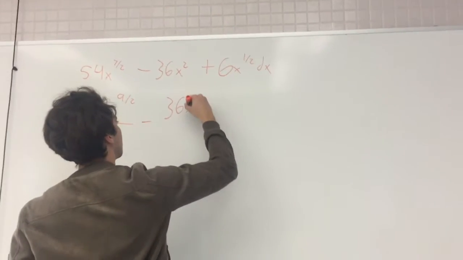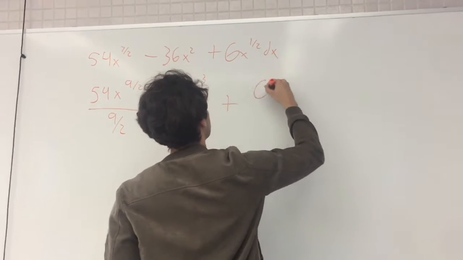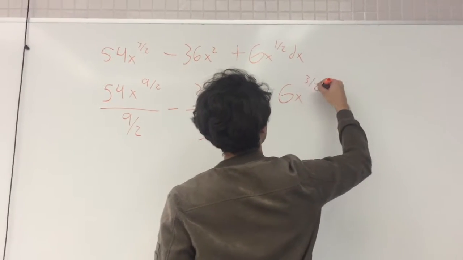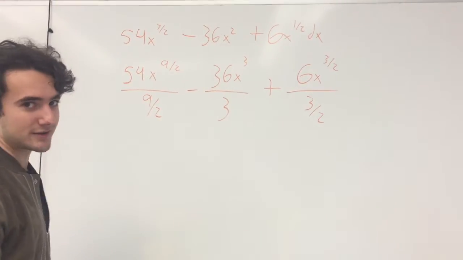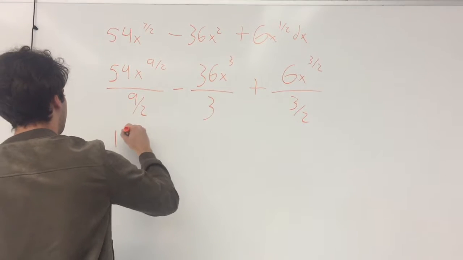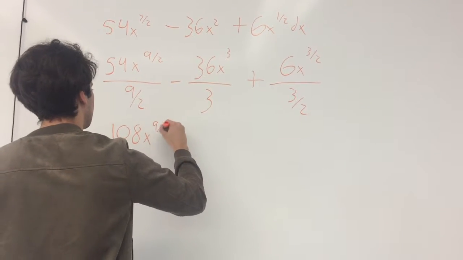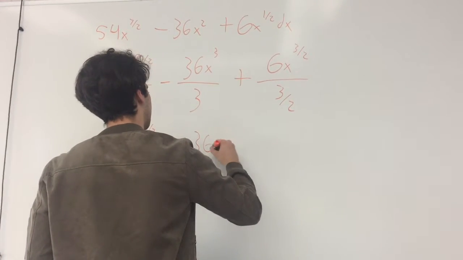And in the second it will be 36x^3 over 3, plus 6x^(3/2) over 3/2. So now we're going to simplify, or use the tortillazo method. So 2 times 54 will be 108x^(9/2) over 9.